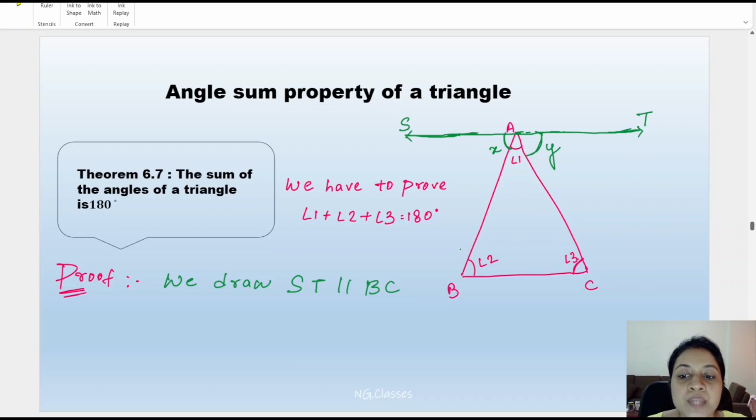Yes, we can say AB is a transversal and hence angle X will be equal to angle 2. Why? Because it's an alternate interior angle. Hence we can say that angle 2 will be equal to X. Here we can write alternate interior angle.